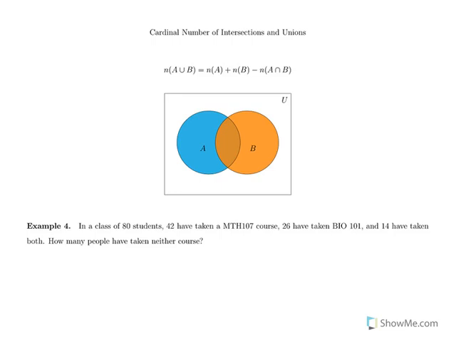And what we're doing is when we add everything in A and then we take everything in B and we add those together, that means that we are double counting the intersection. So we need to subtract it off once, so you only count each part once.